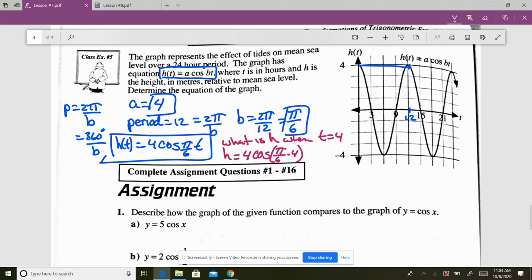Now, when you do it on your calculator, what mode must your calculator be in? Radians, right? So I want everybody to tell me the answer here, please.